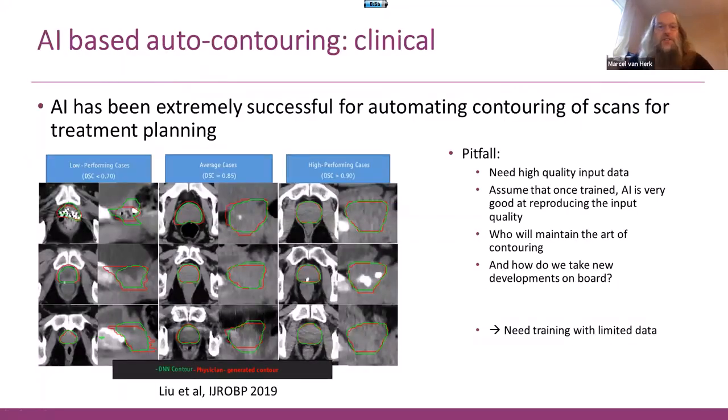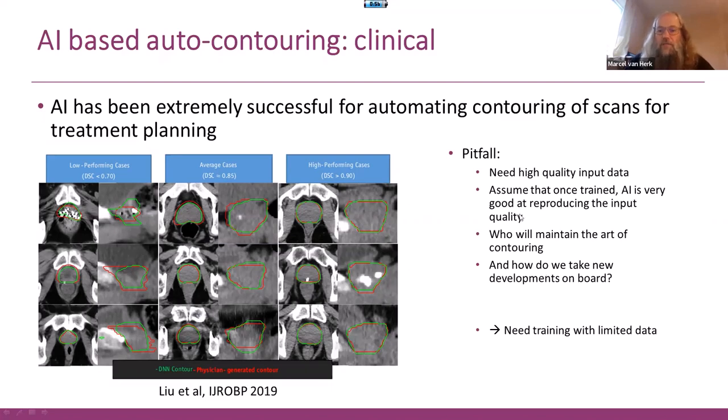So if you have all this data, you can, for instance, start working on contouring. And this is a task that is relatively easily automated. And so already several years ago, there were many publications about this kind of use of AI, where the AI here in green is trying to replicate the contours by the physicians in red.